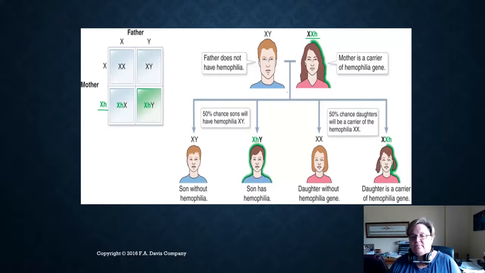So for this couple, 50% of the sons will have a chance of having hemophilia, and 50% of the daughters will be a carrier. So each conception, if it's a boy, they have a 50% chance they'll have hemophilia. If it's a girl, they'll have a 50% chance of being a carrier.